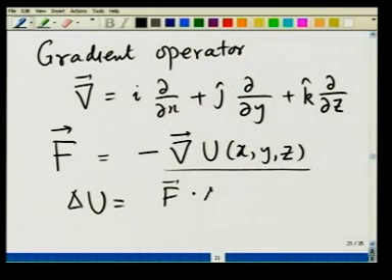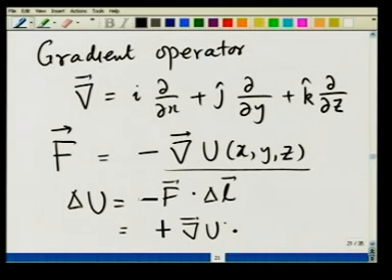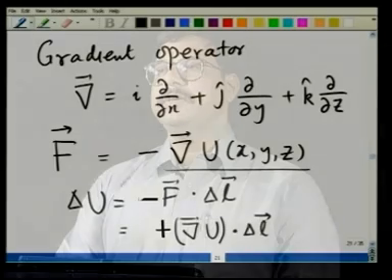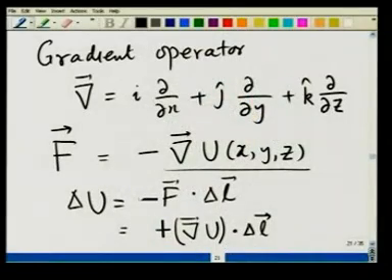Remember again, delta u is nothing but F dot delta L or dl, and this is nothing but minus gradient of u dot, this is a vector quantity, delta L. So, it really again describes the change in a function u, but in a three-dimensional case depending on which direction I am moving. So, slightly more subtle than the one-dimensional case.